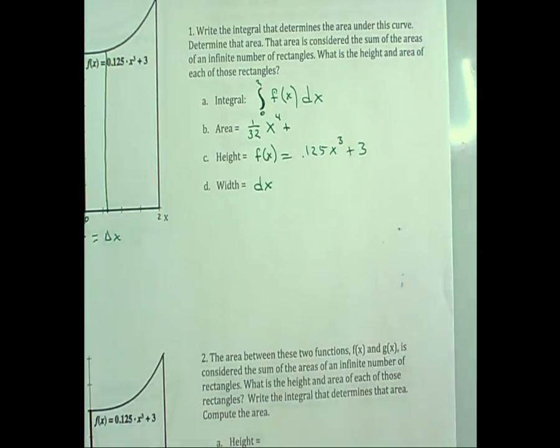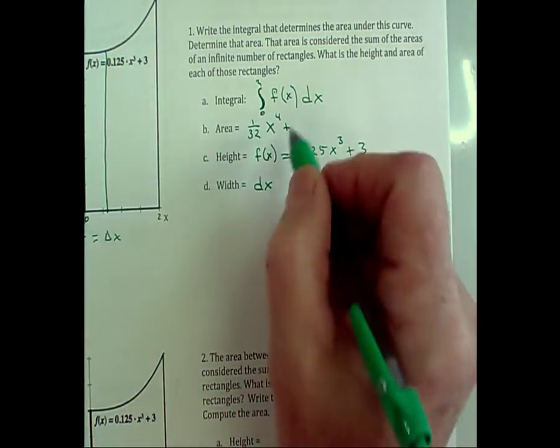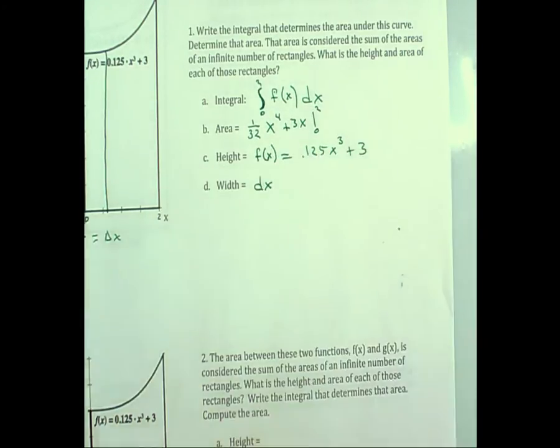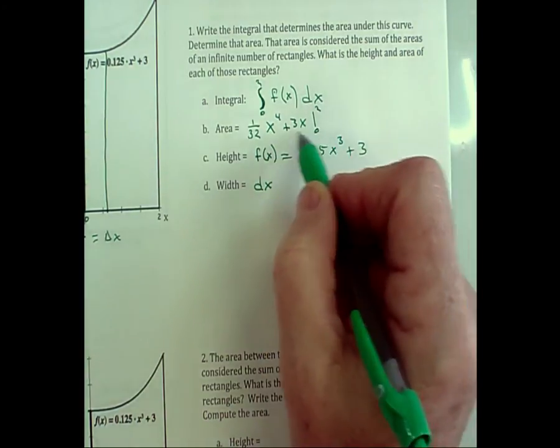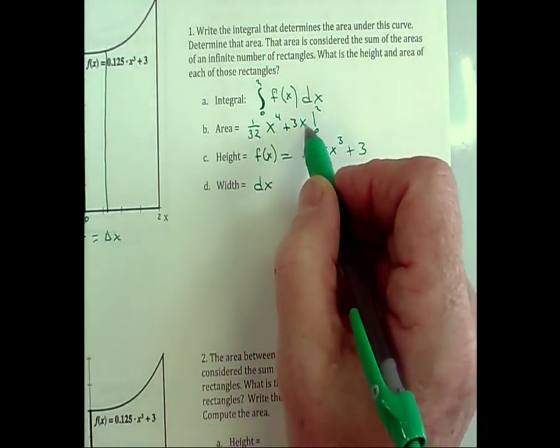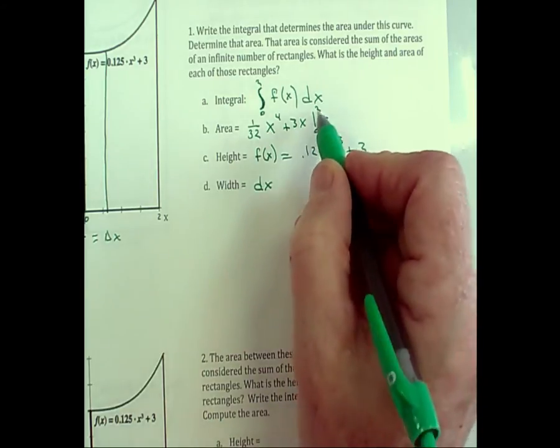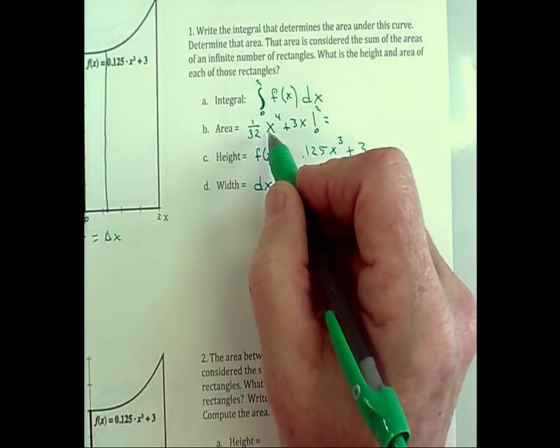Plus what? 3x. Evaluated from 0 to 2, correct? That's how I write that. When I put 0 in there, will I get 0? Okay. So it equals 2 to the 4th, Mr. Krebs. 16.